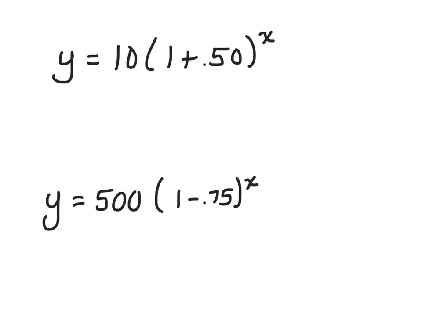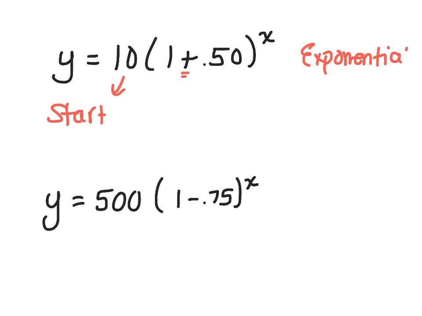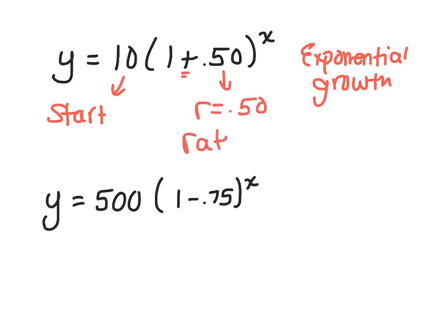So here's a quick example with two different equations. So we can see here that since this one has the number 10, that's where we start. Now, the first thing I'm going to realize is that I have a plus sign here. So this is exponential growth because there's a plus sign. So this number here, r, is 0.50. So our rate of growth, we turn into a percent, is 50%.